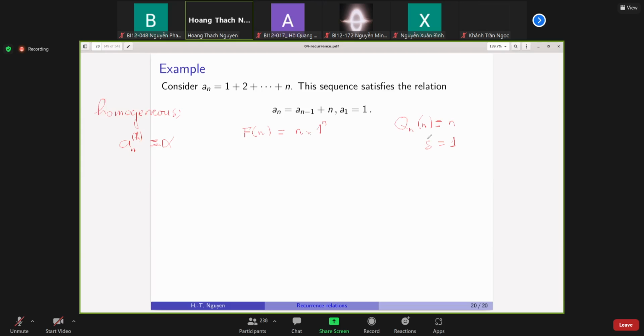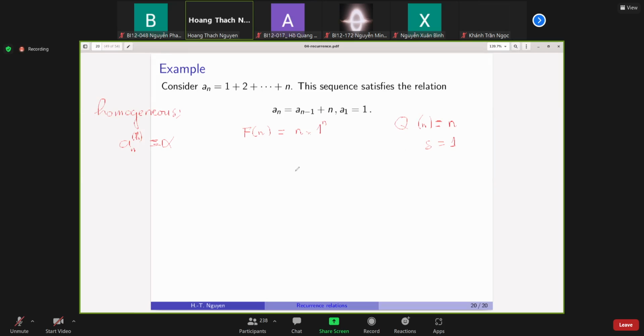Now, is 1 a root of, sorry, there is no n here. Is 1 a root of this polynomial? The root of this polynomial is 0. So s is not a root of this polynomial.